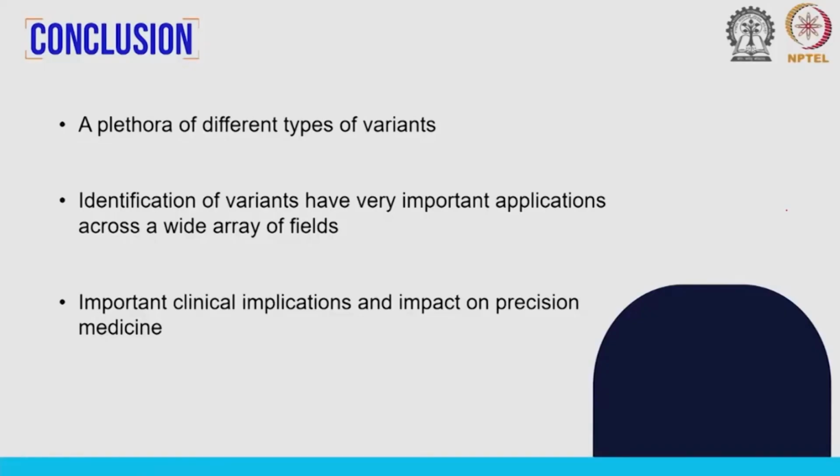We have very briefly discussed some of these applications, but I encourage you to go into more detail, read those references, and you will get a better idea of these applications. We also talked about the clinical implications. We can apply variant calling for clinical applications such as mutational signatures in cancer or disease gene discovery for genetic diseases.